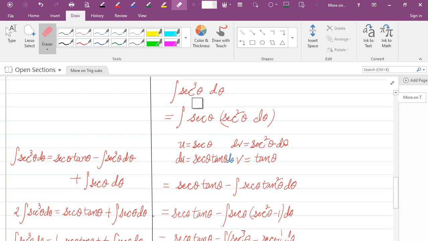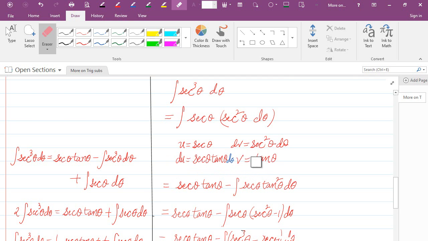The goal here is to evaluate the integral of secant cubed of theta. We rewrite that as secant theta times secant squared of theta d theta. We're going to take u to be secant theta and dv to be secant squared of theta d theta. Then du would be secant theta tangent theta d theta, and v would be tangent of theta, since the antiderivative of secant squared is tangent.